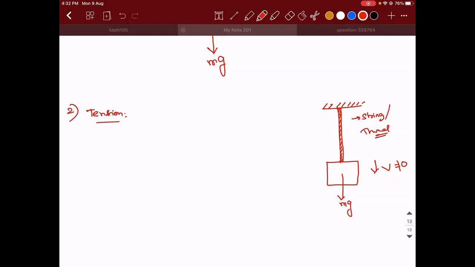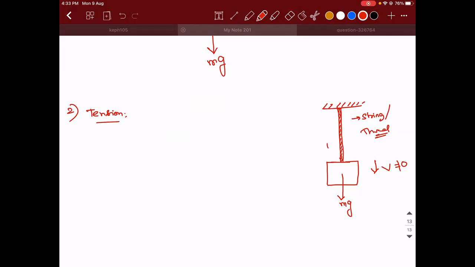Then the question is, what is the force exerted? When I talk about action and reaction, action will be exerted by one object on another and reaction will be exerted by the other object on the first object, right? That is what you call an action reaction pair.